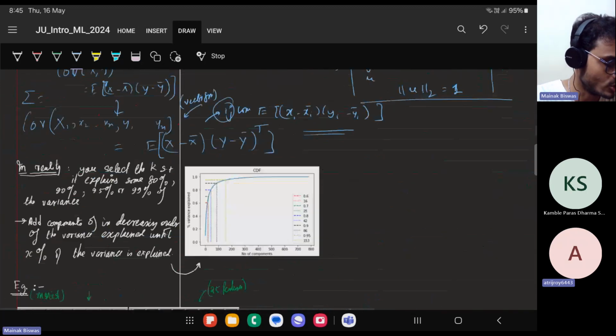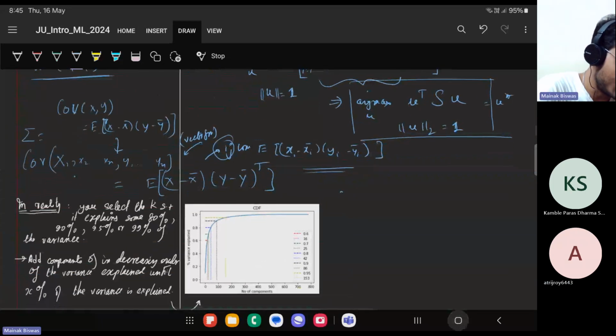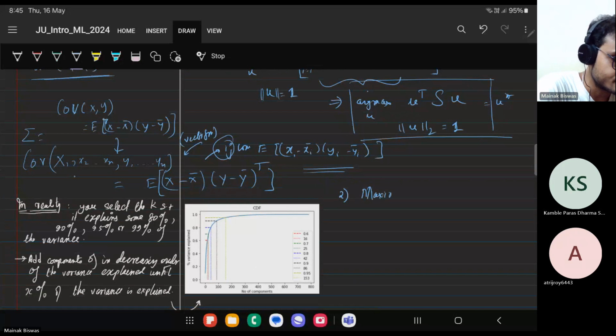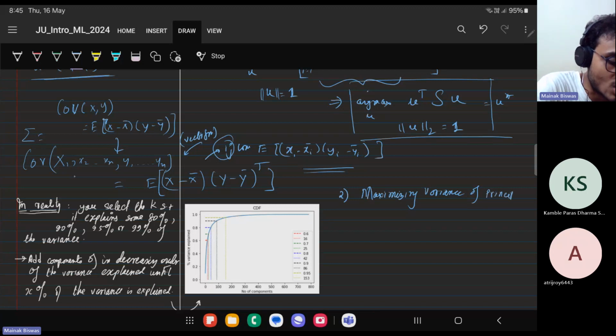Number of points. Yeah, you're close. Maximizing variance. More number of points along that axis. Exactly. Maximizing variance of the principal axis. This is called the principal component because this is the component of maximum variation.